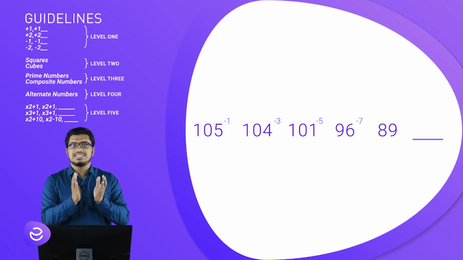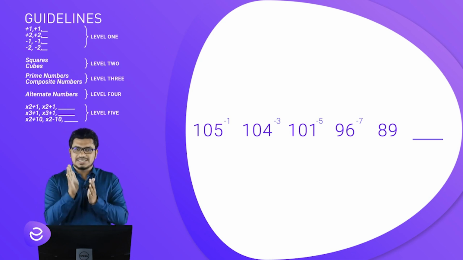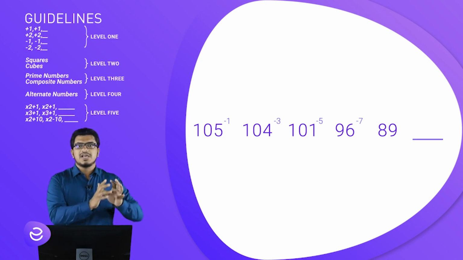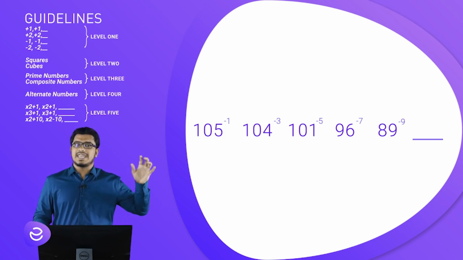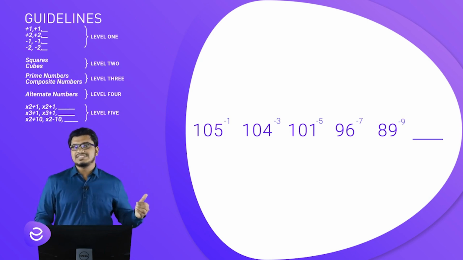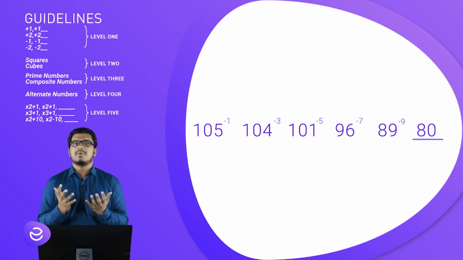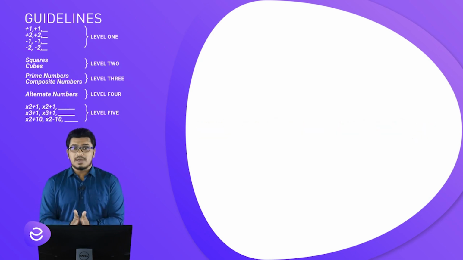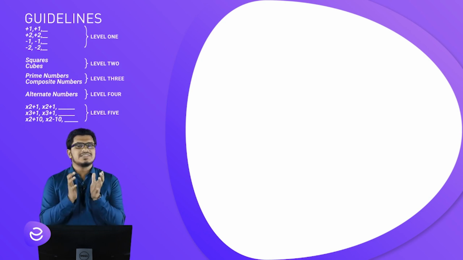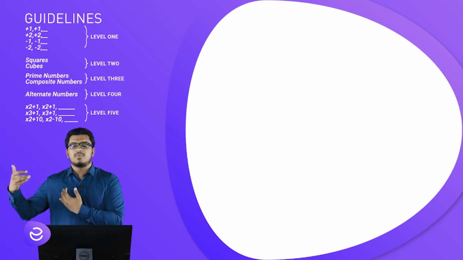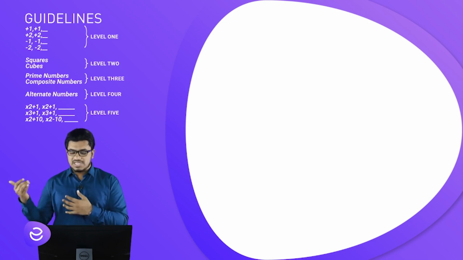So you can see a series forming: -1, -3, -5, -7. So the next one will be -9. So 89 minus 9 you get 80. So that is how you come up with the answers. You get the given numbers, you find the difference between them, and then you will come up with the unknown number, or the answer.